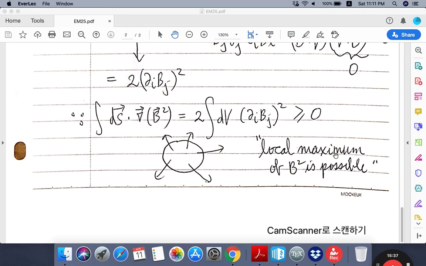That would violate this inequality that we just derived. So if you're someone designing a new sort of magnetic device, no matter how clever you try to be, there's no way you can go around this theorem and defeat it and come up with a device that will create a local minimum of the magnetic field density. That's just not possible in the framework of the laws of electromagnetism.